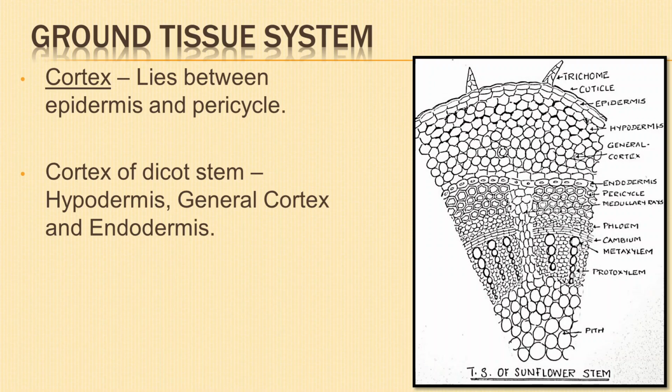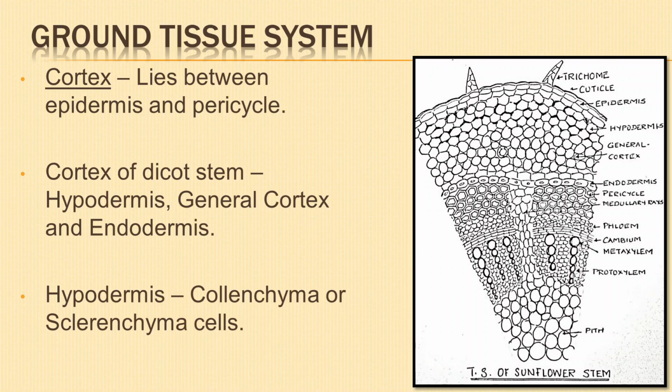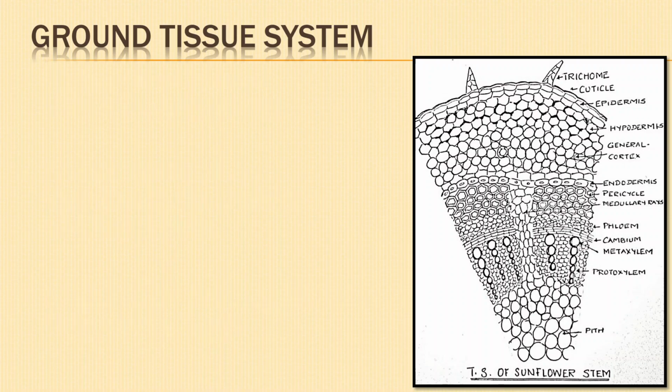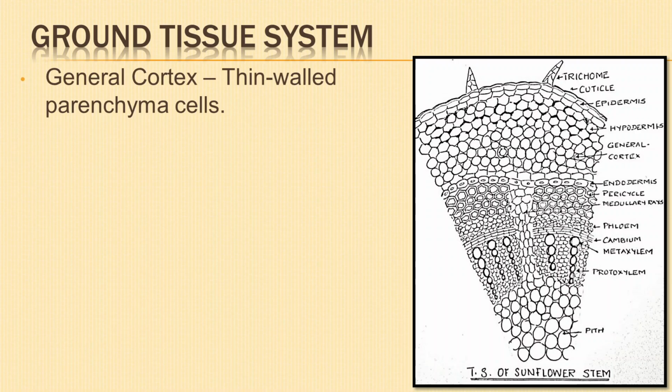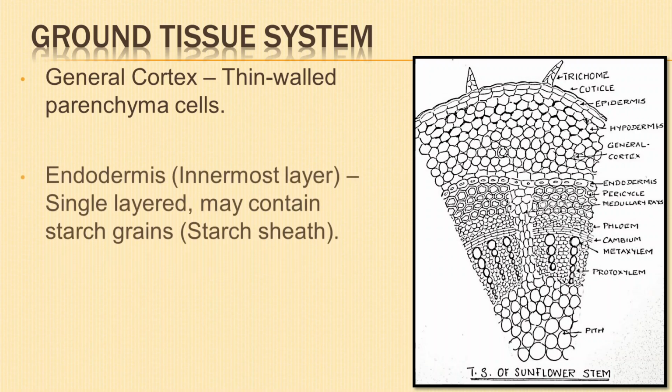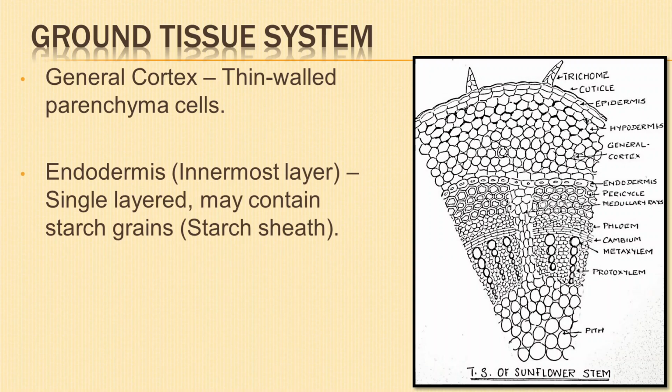The cortical cells may contain chloroplasts, starch, crystals, etc. The hypodermis contains a few layers of collenchyma or sclerenchyma cells. General cortex is made up of thin-walled parenchyma cells. The endodermis is the innermost layer of the cortex.